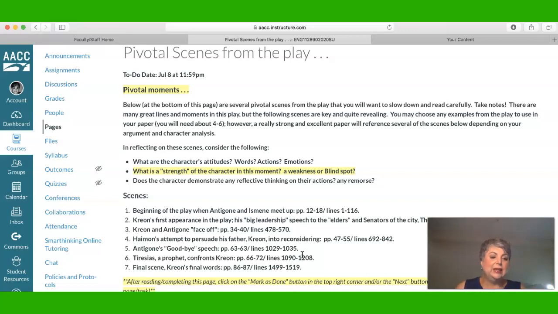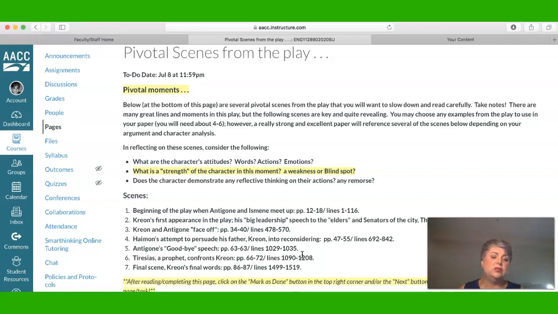And Antigone and Ismene, her sister, are actually the product of an incestuous family relationship, which is just another layer of dysfunction and drama to the backstory of Antigone and her family. And as you can imagine, there's a lot of history, a lot of pain there.